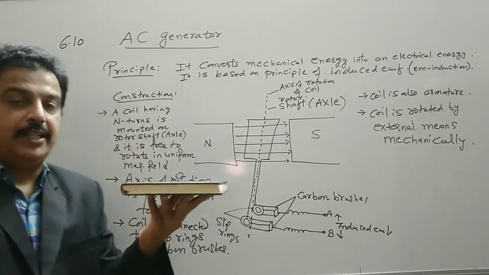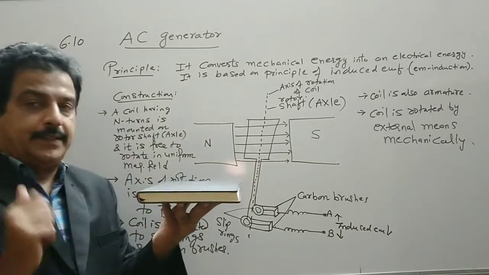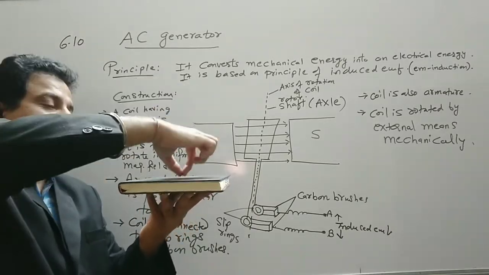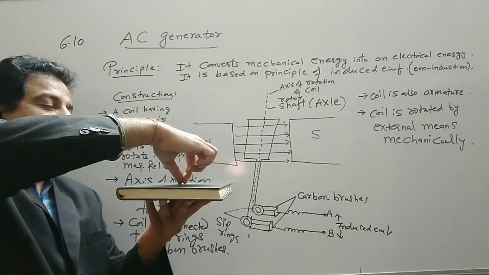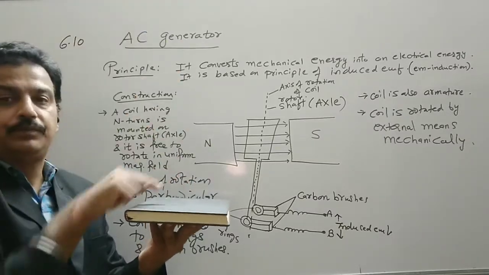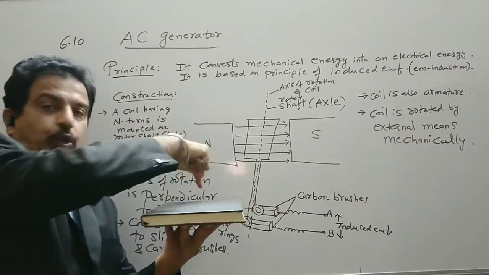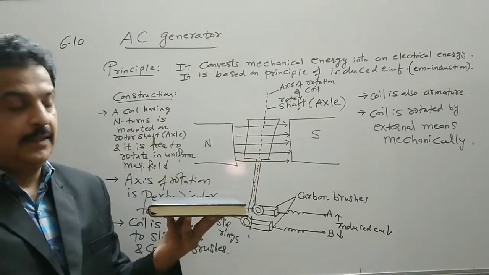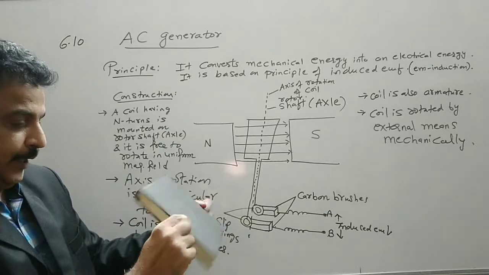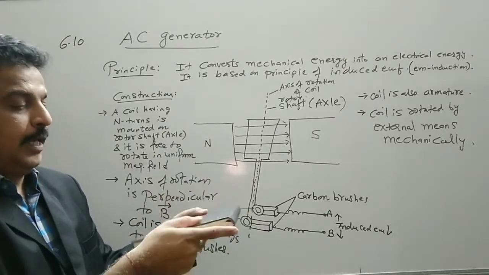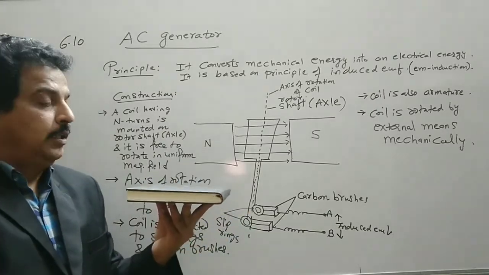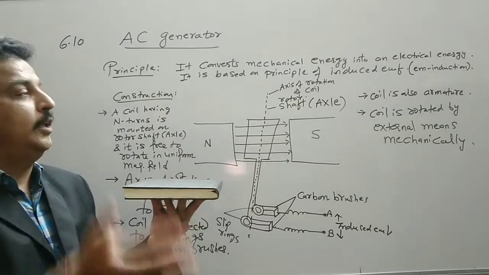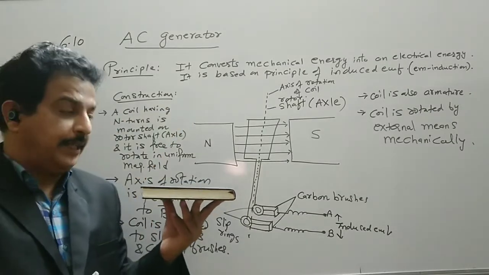Now initially if I keep the coil like this, the area vector is say along the y-axis. The axis of rotation is the z-axis and the magnetic field is along the x-axis. Now if I want to rotate it, I have to apply the force externally, or it is rotated by some external means.